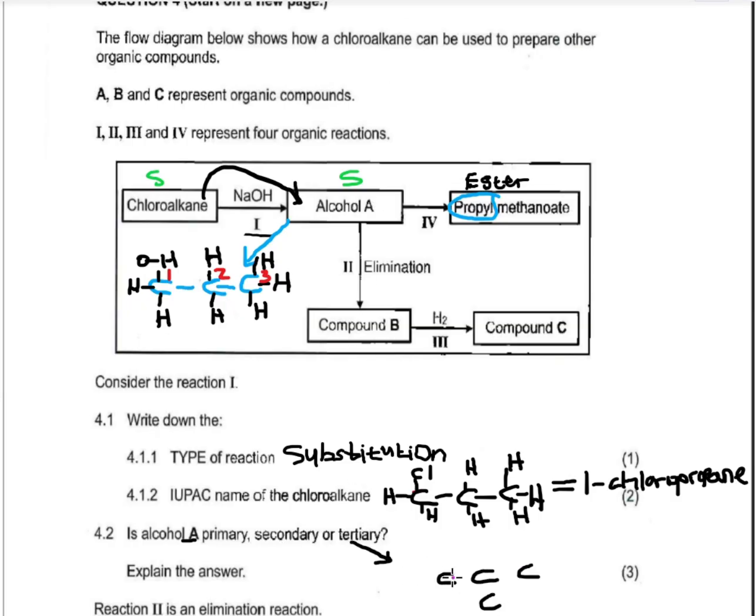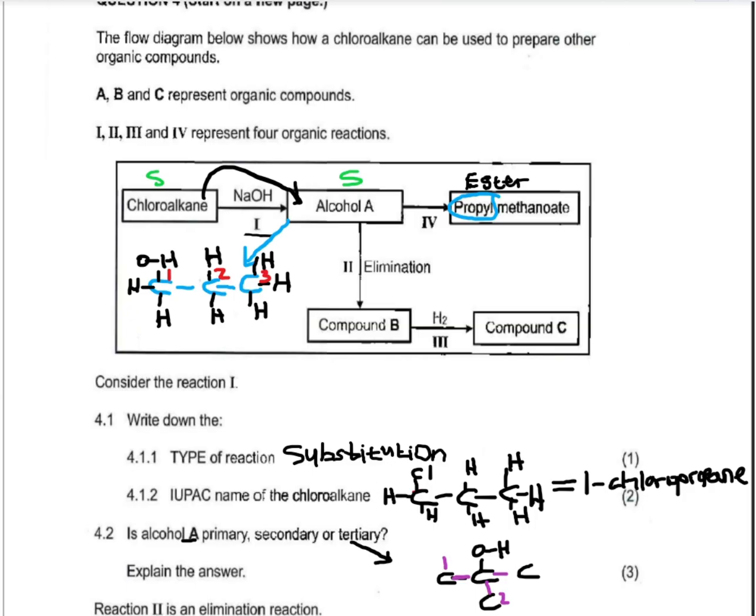For the tertiary alcohol, guys, the carbon that is carrying the OH will be bonded to 3 other carbon atoms. And remember this, I'm showing this in pink. So it means it's bonded to 1, 2, and 3. So that's a tertiary alcohol. So those are the examples of primary, secondary, and tertiary.